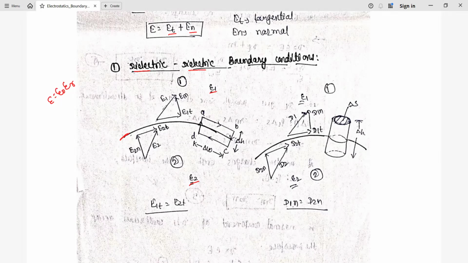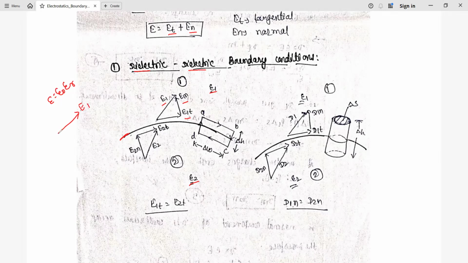Now in case of medium 1, we have taken the electric field intensity as E1, and for that we have tangential component E1t and normal component E1n. Suppose, for example, our electric field component is like this.